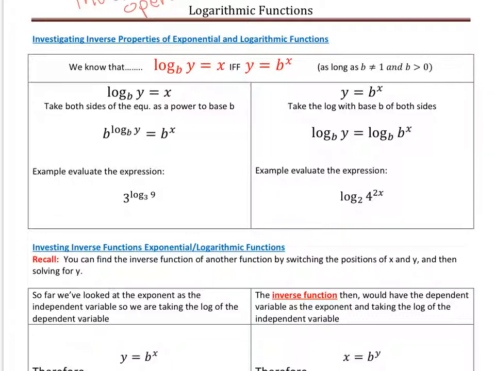So let's take a look here at just this left side. Okay, I'm going to rewrite it down here. So we've got log of y base b equals the exponent.